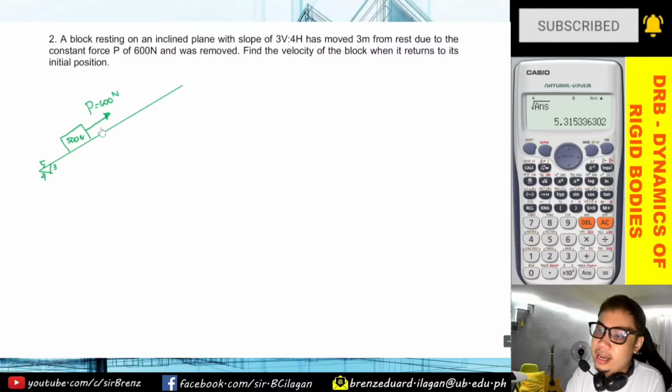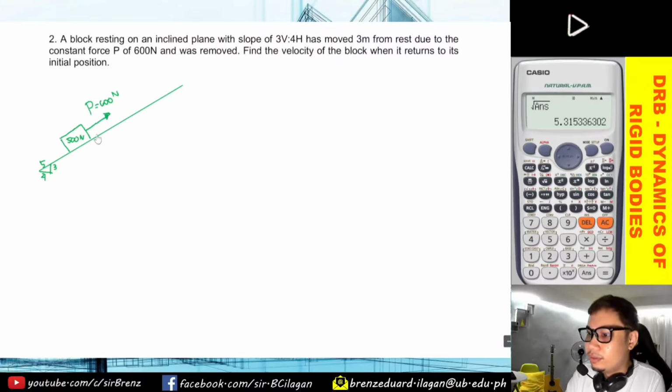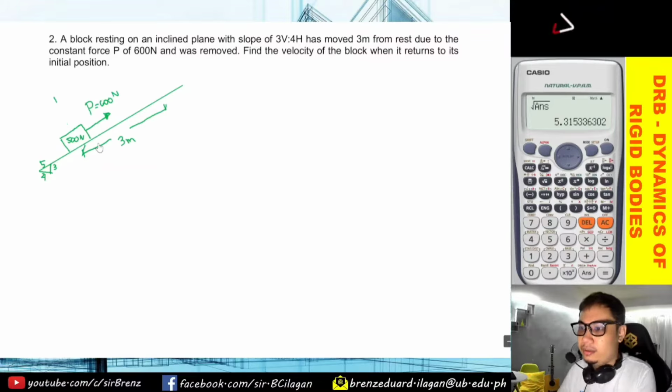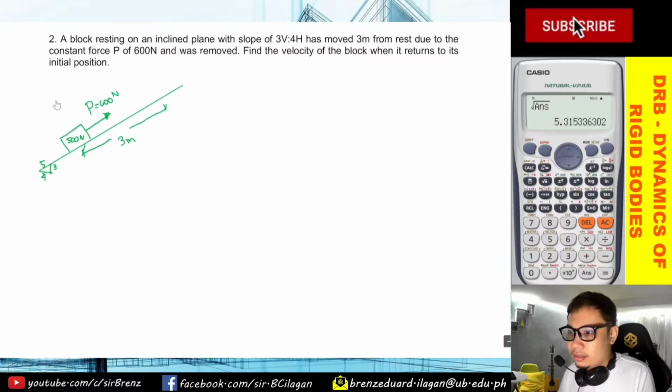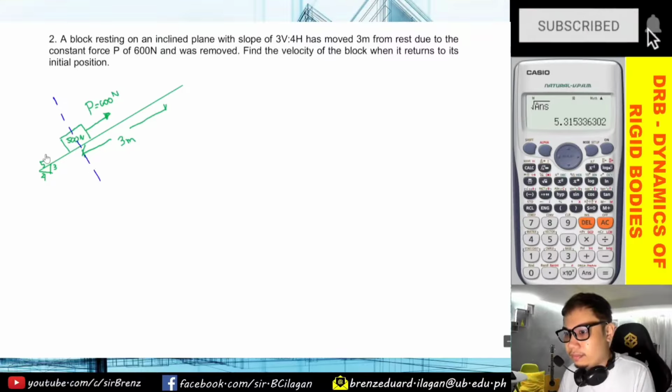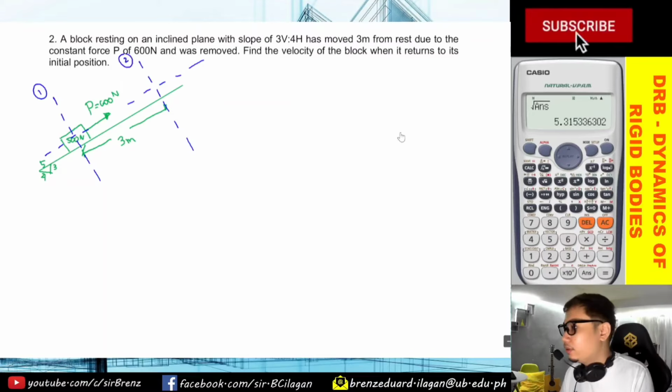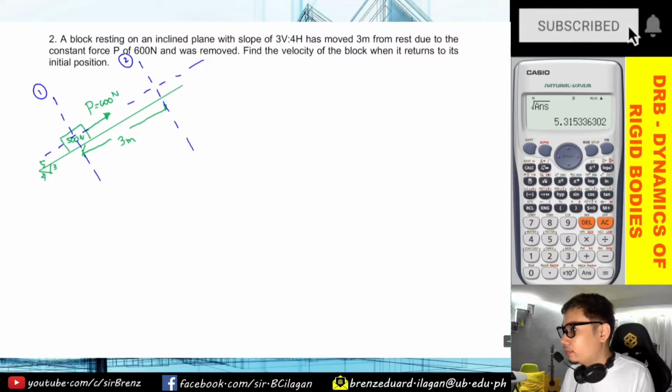So, because of this force na 600 Newton, gumalaw daw po yung block natin ng 3 meters. So, kung gagawin mo dito ng axis, palitan natin ang kulay para maganda. So, dito ko na lang sulat. So, this is point 1 and this is point 2. A block is resting on an inclined plane.